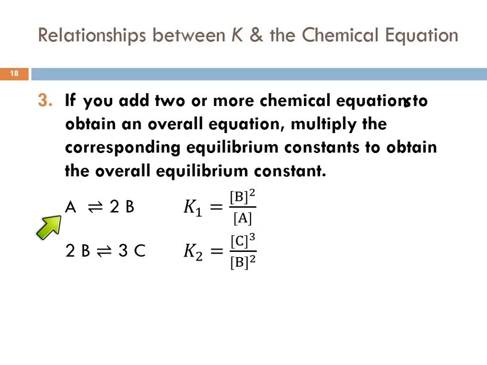Let's say we're adding these two reactions together. Here we have the equilibrium constant for the first reaction and the equilibrium constant for the second reaction. When we add these, the two B's were formed and then they got used up. So we end up with A being in equilibrium with 3C. Everybody okay with that?